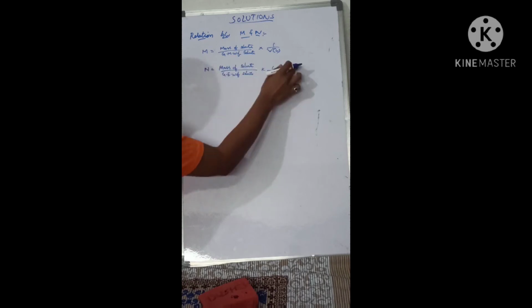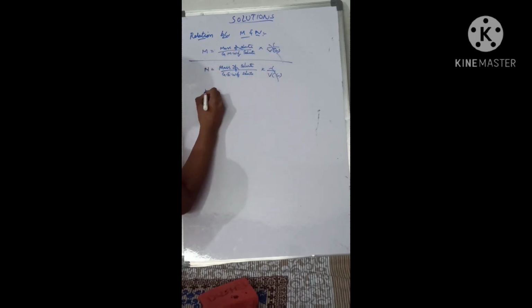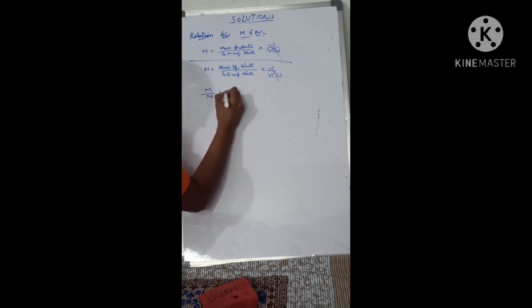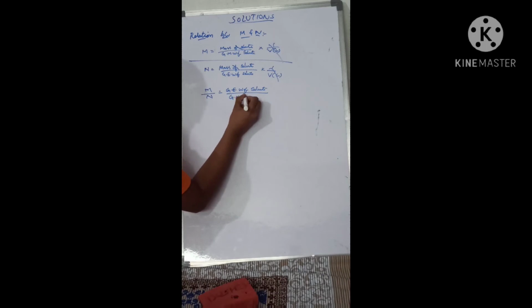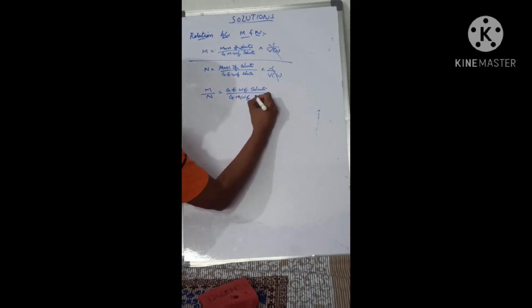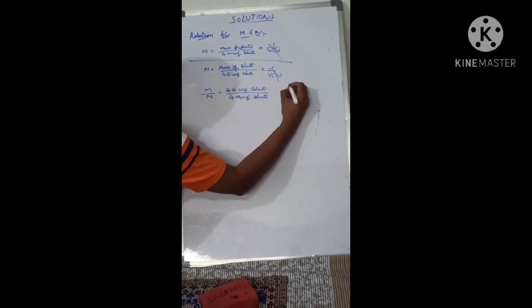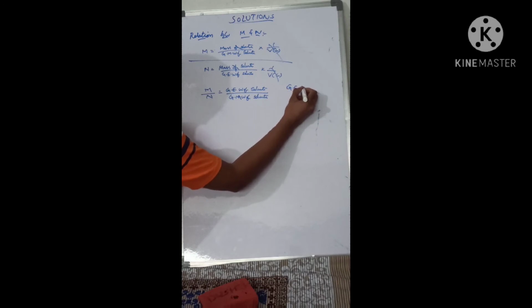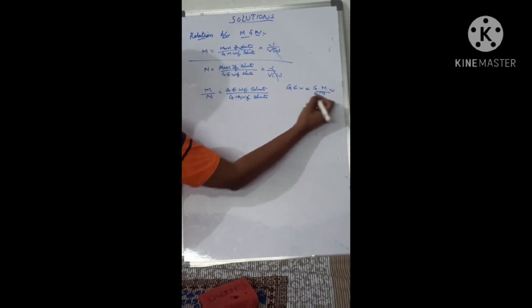If we divide these two equations, what will we get? This will be cancelled. Molarity by normality is equal to gram equivalent weight of solute by gram molecular weight of solute. We have discussed the relation between gram equivalent weight and gram molecular weight: gram equivalent weight is equal to gram molecular weight by n factor.